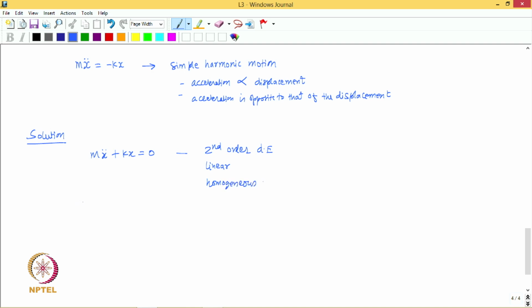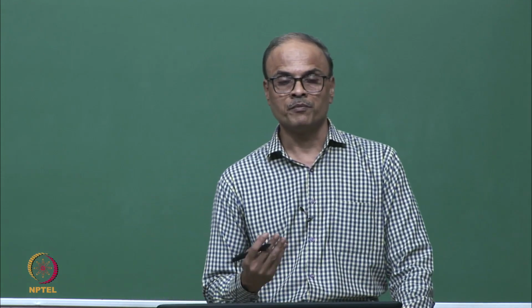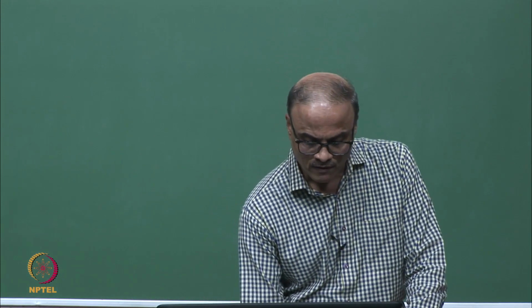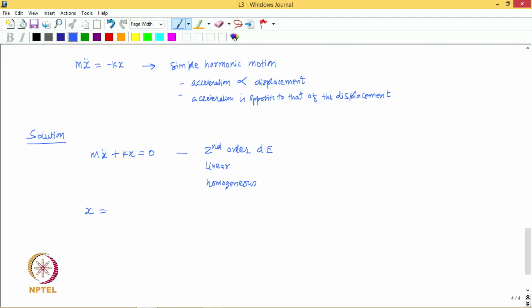So, now the solution of this equation should represent a simple harmonic motion, and simple harmonic motions are represented by, we can say one solution is a cos omega t, right.